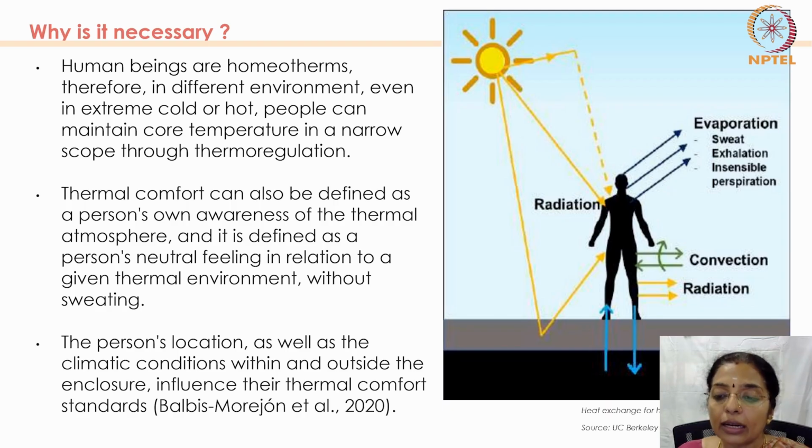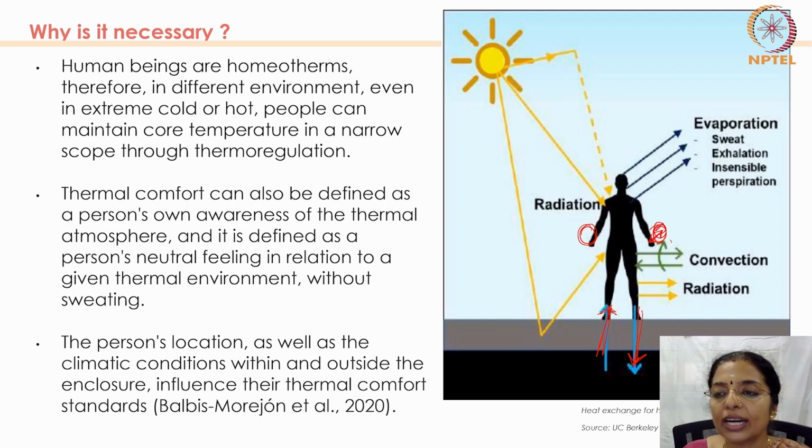Now, there are ways in which the body exchanges heat with the environment. So, how does the body exchange heat? One is through conduction. Through physical contact, probably with the ground, or maybe with holding something in the hand, the body conducts heat exchange with the object.